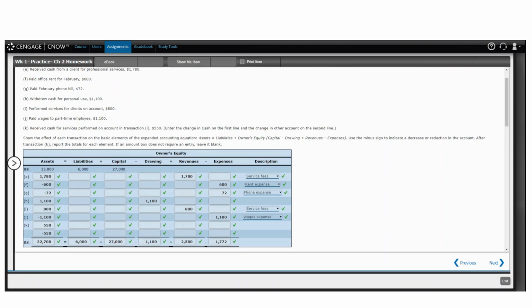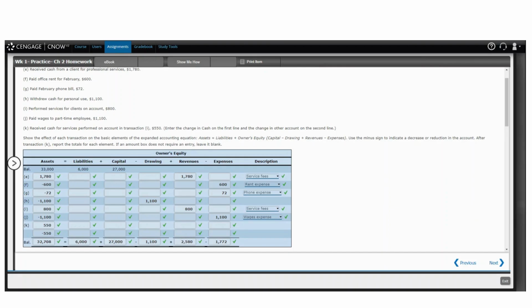So we're going to increase our cash on the first line by $550, and we're going to decrease our accounts receivable account by $550. So the second line has to be minus $550 here. Okay. And no other account was affected on the other side.